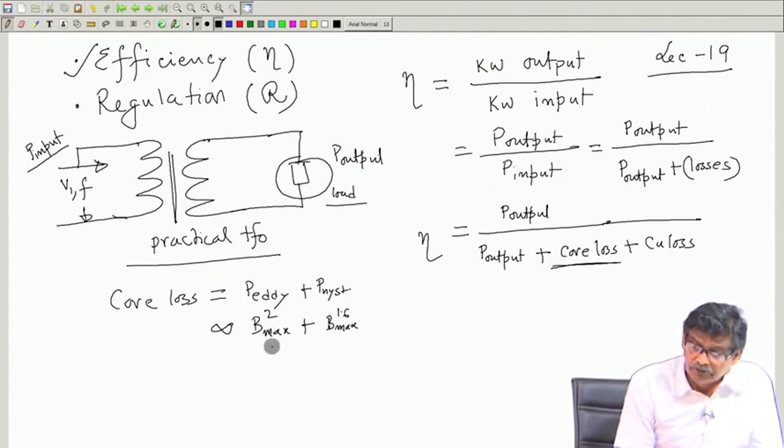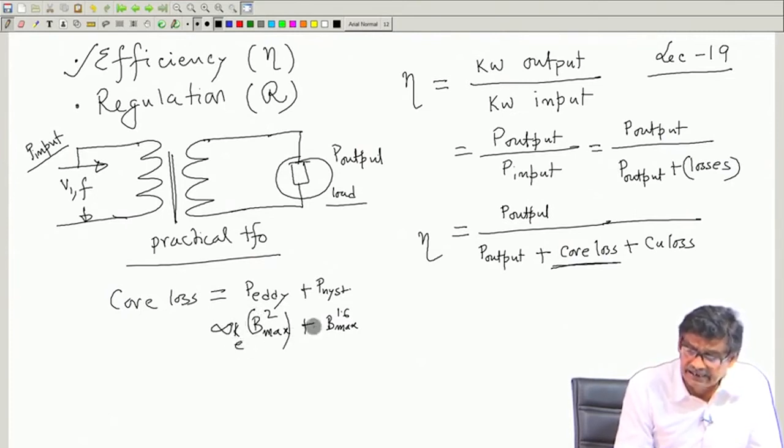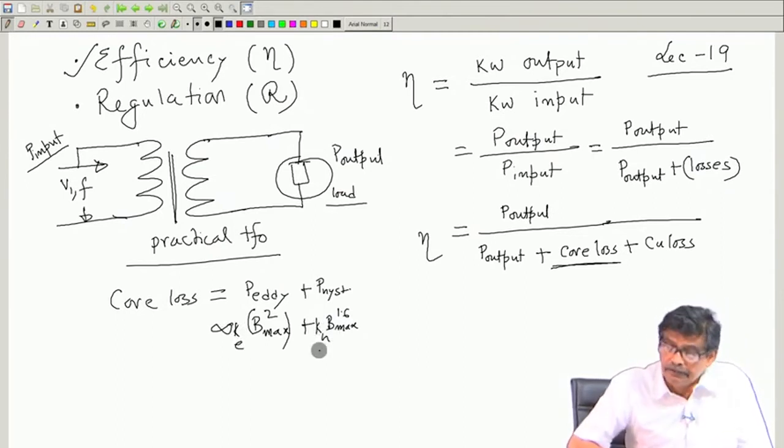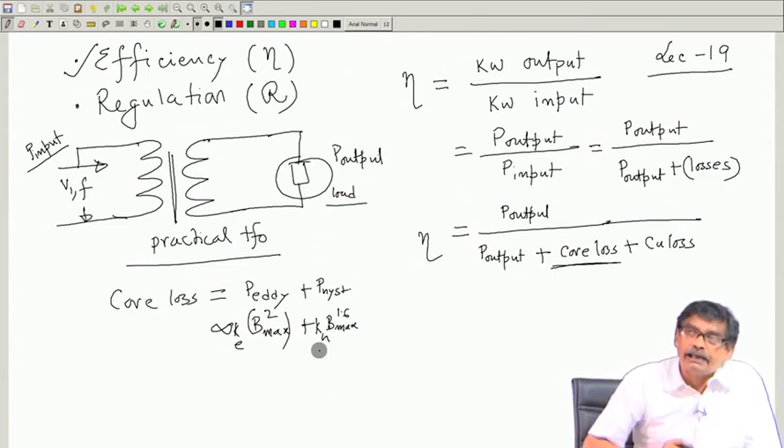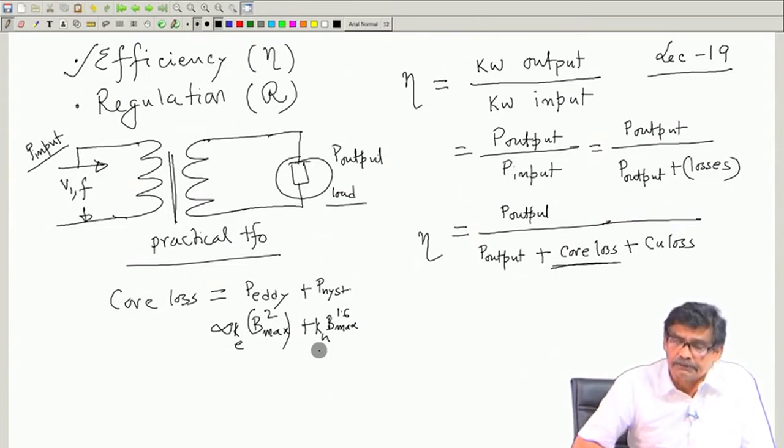So, core loss will be proportional to these things. Of course, the constant of proportionality will be different. I write Ke here, Kh here. So, the level of B max is a crucial factor.